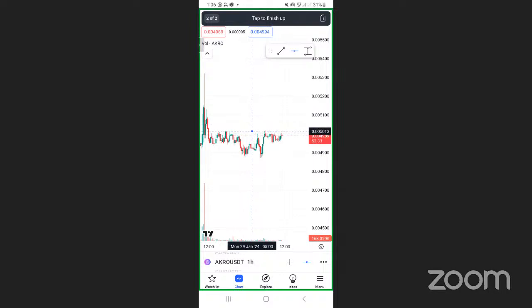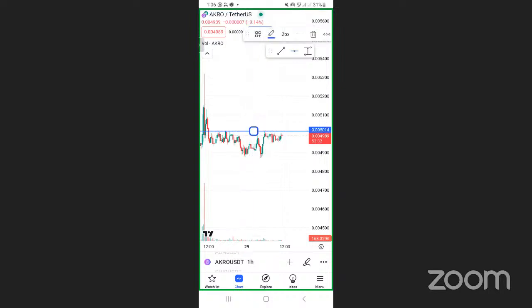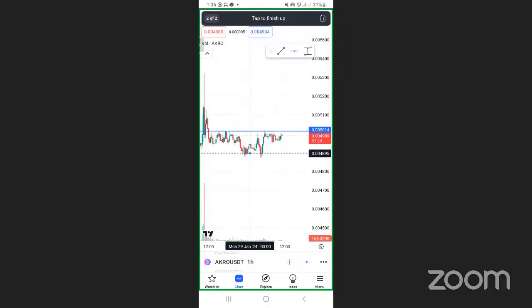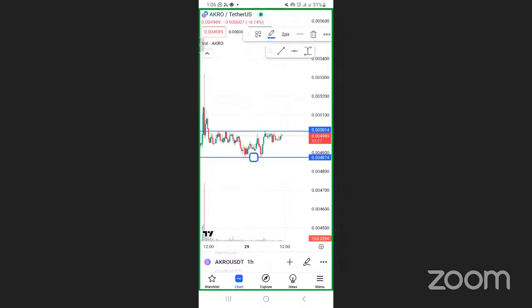You get it? Then bring another horizontal line and put it at the bottom of the range. So people who are making money in Acro as of now, they just wait until it visits the lower range.